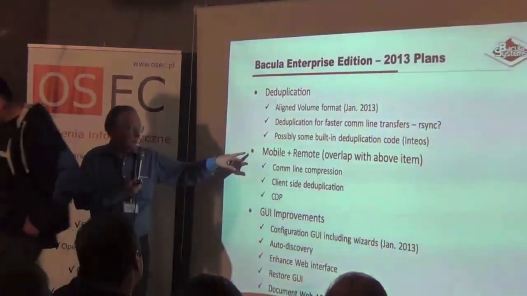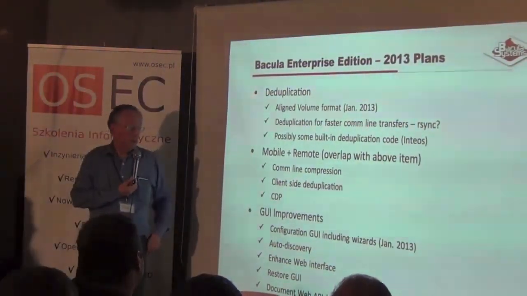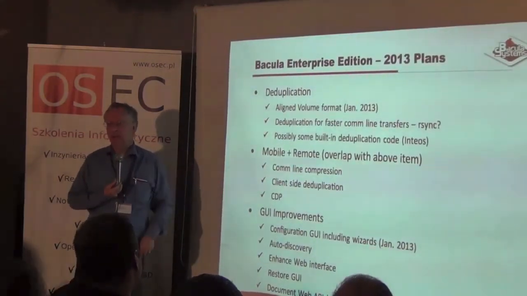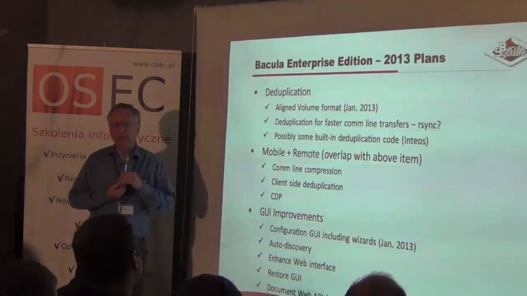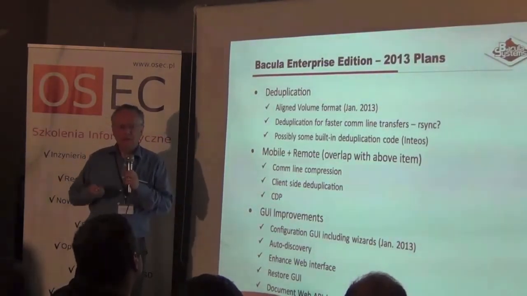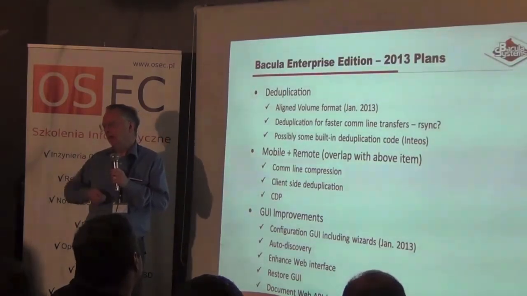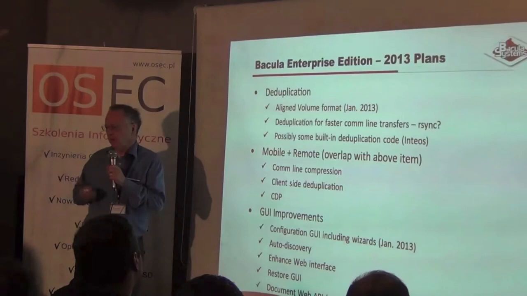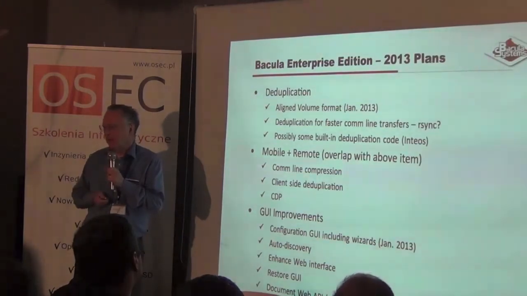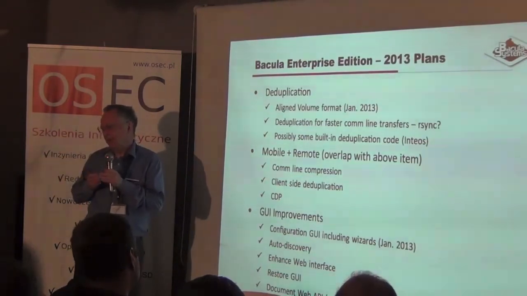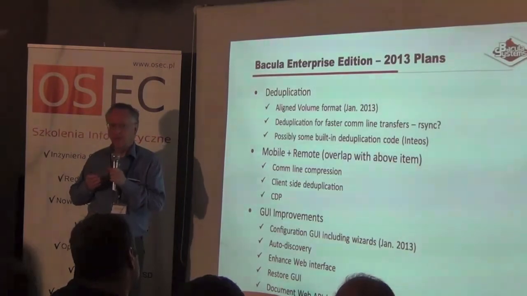Another big item for us is mobile and remote backup. Right now, Bacula is not very good at mobile backup. What do I mean by that? If you have a laptop that's out there someplace on the internet, first of all, probably you want your data encrypted, and you can do that with Bacula, but it's a little bit slow. Then you want your data compressed so it moves faster, which we don't do today. We will do by the end of 2013 or even before.